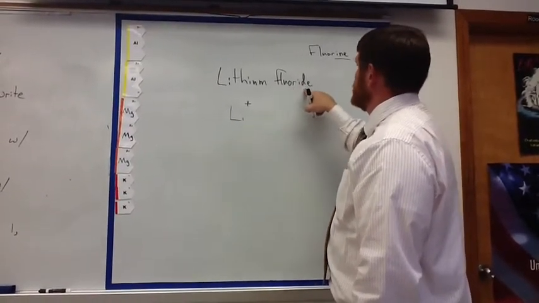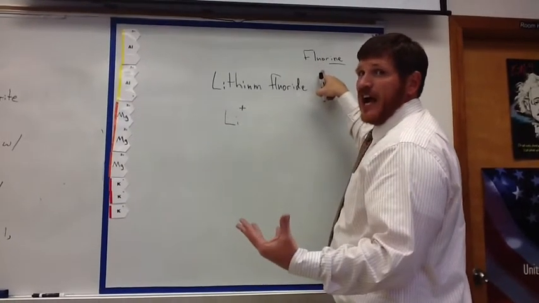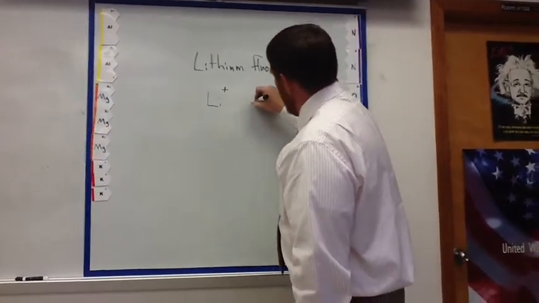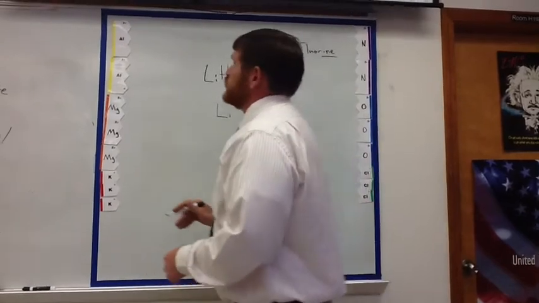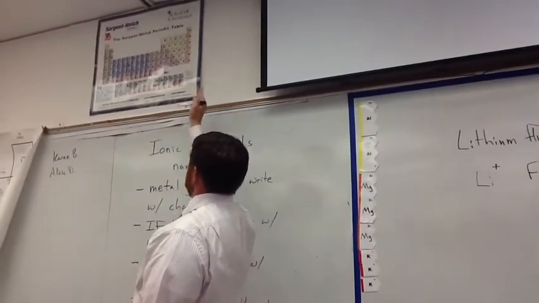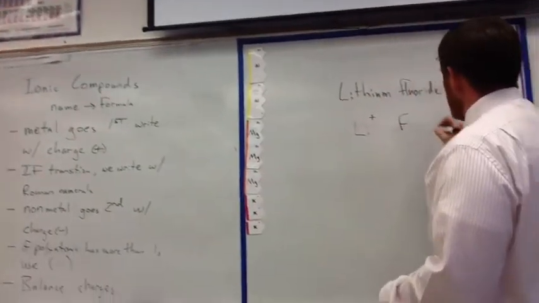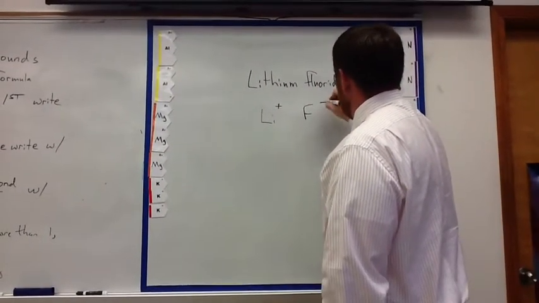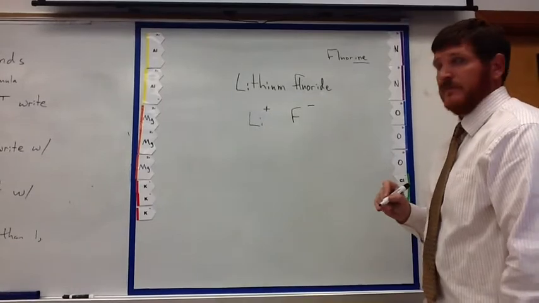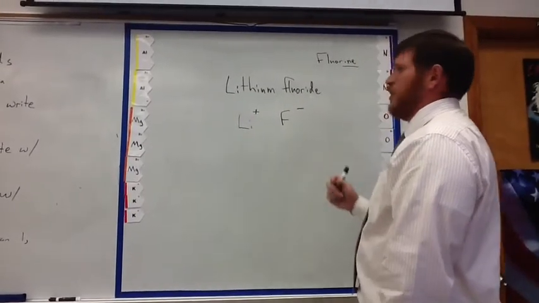So this is really fluorine, it's just the ion version. So it is F, and it is one away from being a cool kid. It is one away from being like neon. So it wants to gain an electron. So if I were to write its charge, it would be negative.